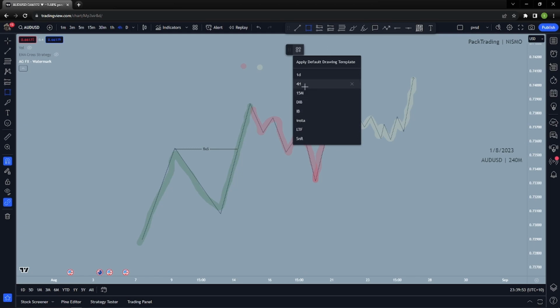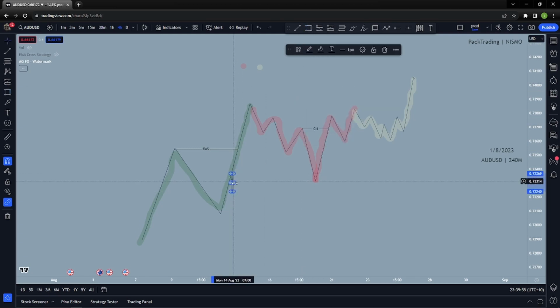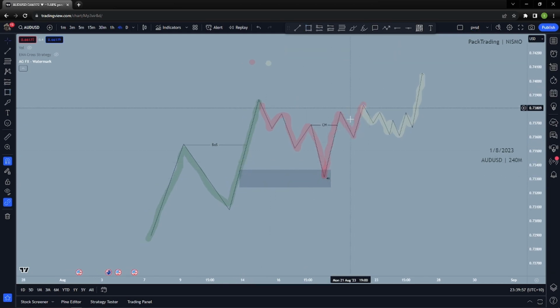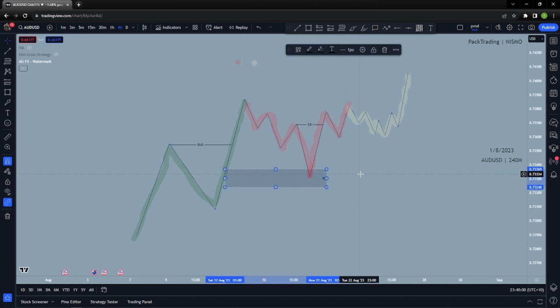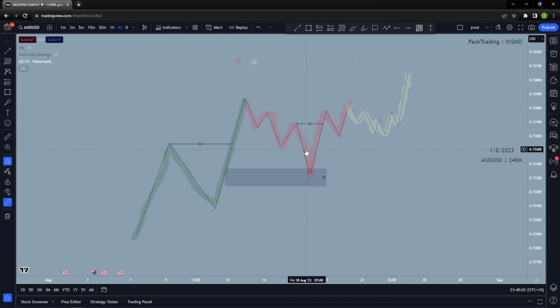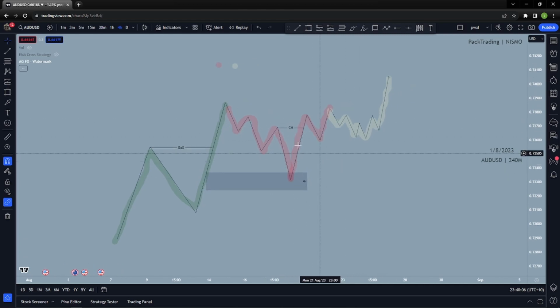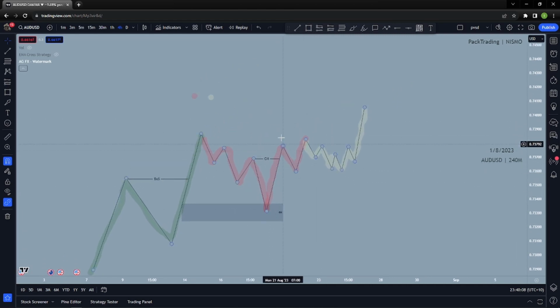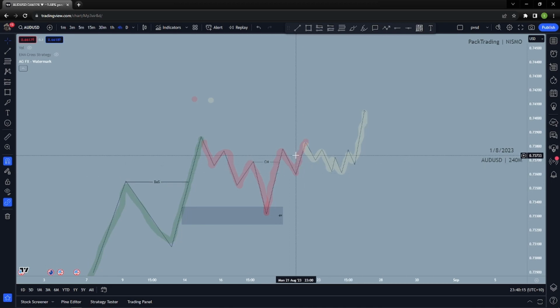There'll be a demand on a 4 hour, and then you would go on the low 15-minute. You look for a 15-minute internal choch here. So it will happen around here. Internal choch will look something like this right here. Okay, and then it goes up, goes down, goes up, creates a new BOS on the 15-minute.